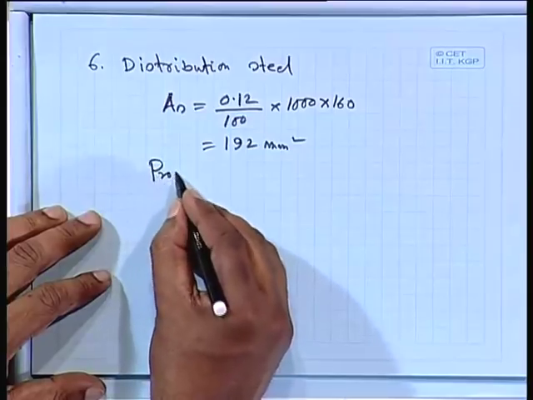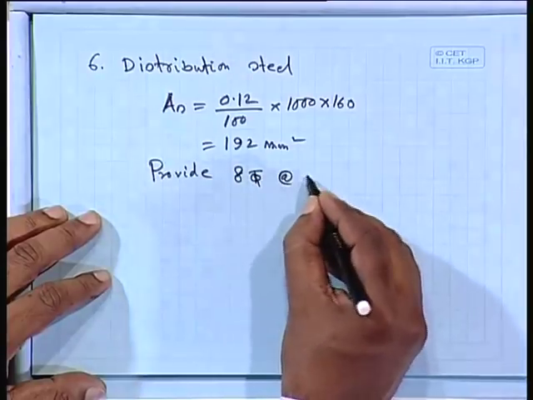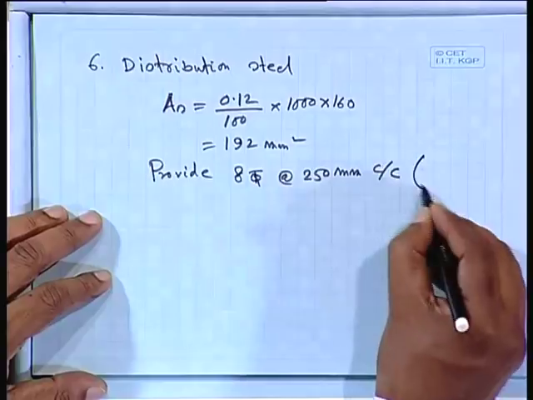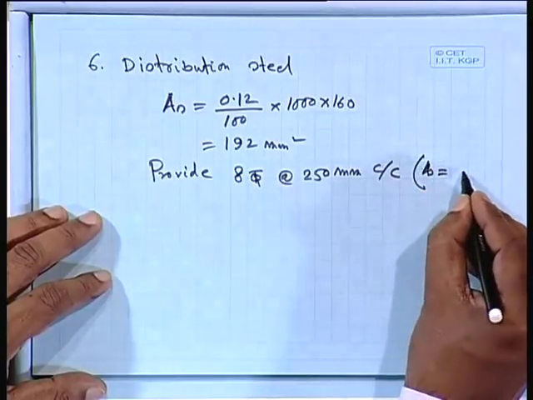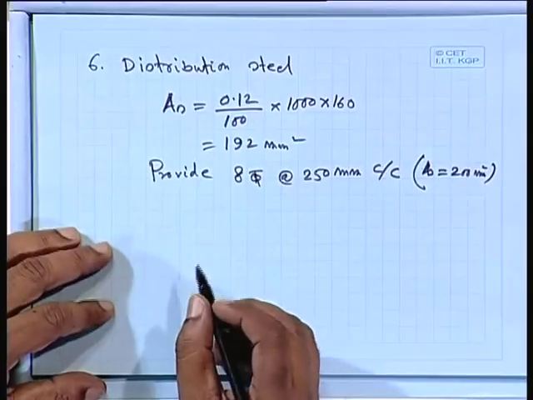Provide 8 torr at the rate of 250 millimeter center to center. So area of steel provided is 200 square millimeter. So we can provide 200 square millimeter.